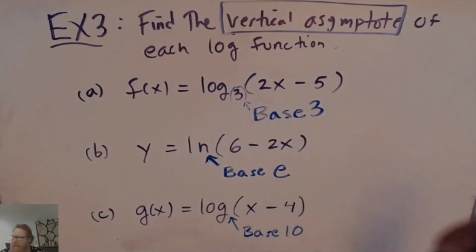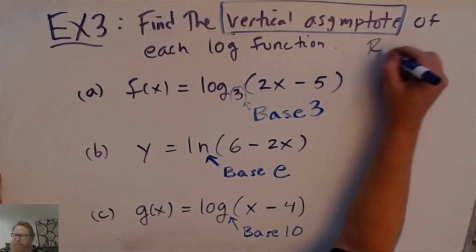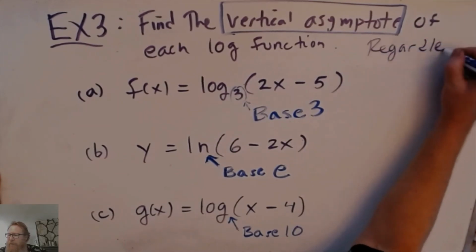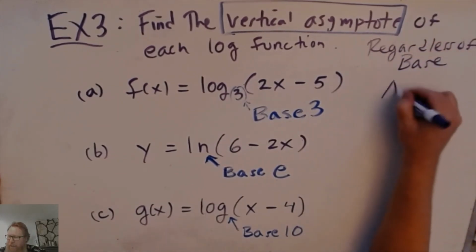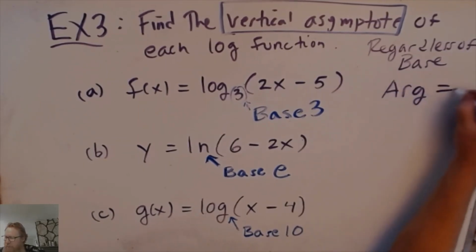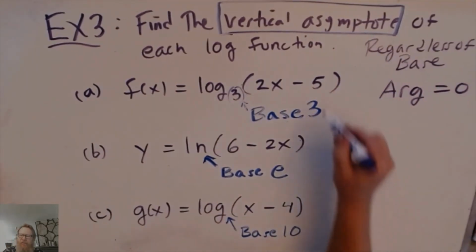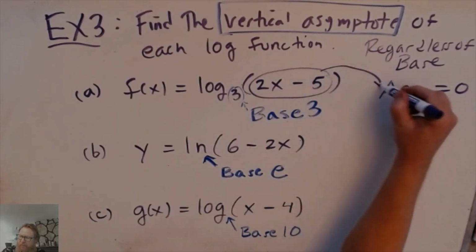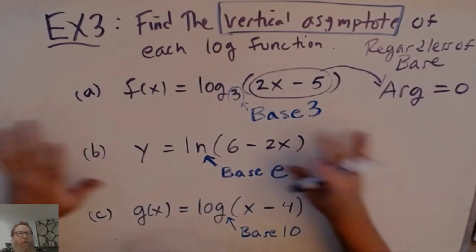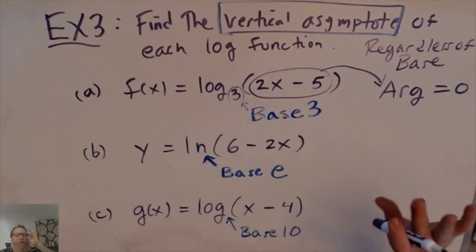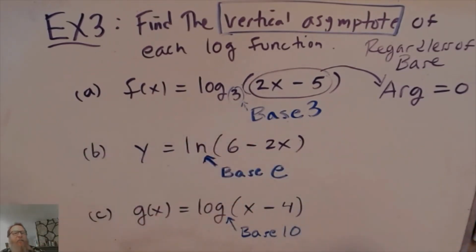Okay. In all cases, regardless of base, it's always set the argument equal to 0 and solve it. So it doesn't matter what the base is. All logarithms have the same asymptote, or the same process for finding the asymptote, regardless of base.